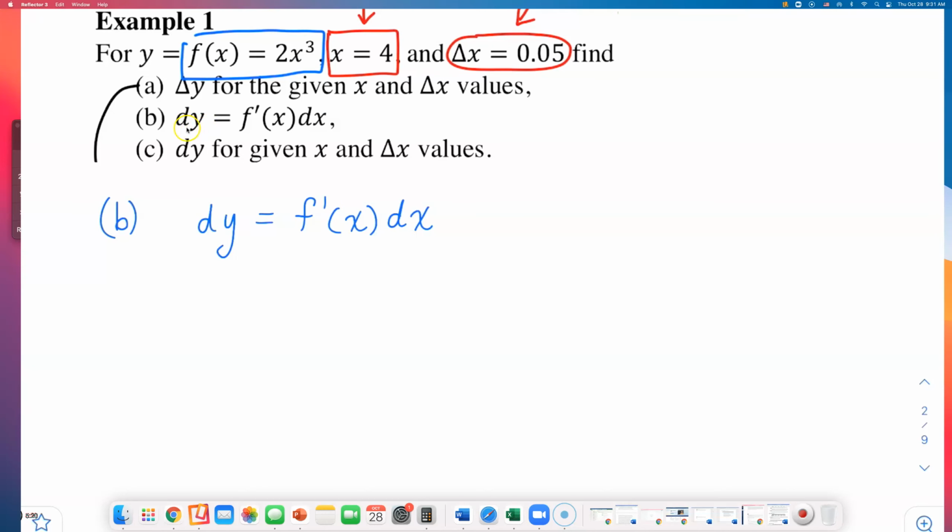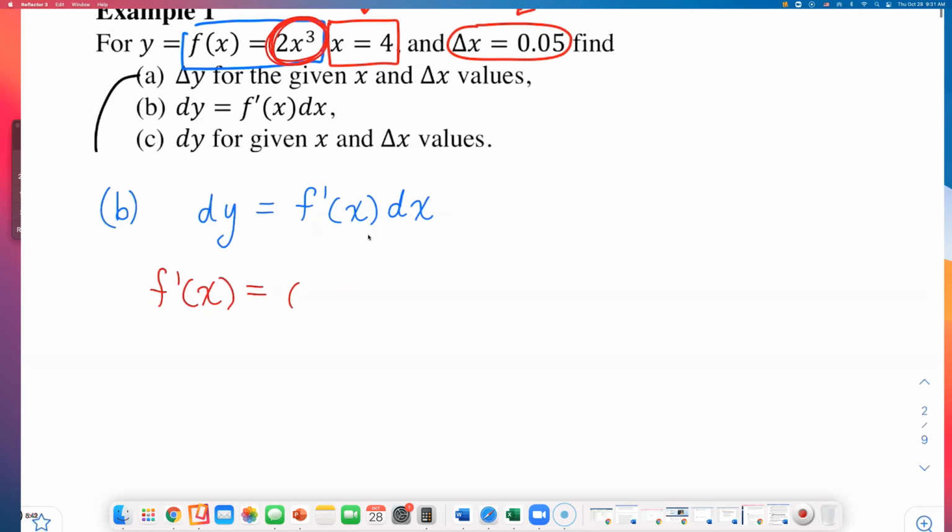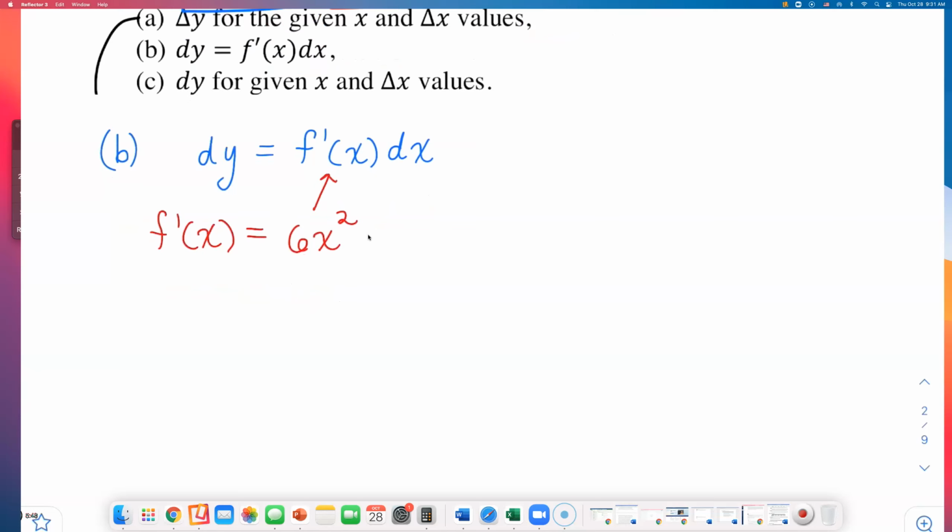And I think we're trying to keep it general here. We're not talking about that given x and delta x because we're going to be using that for part C, but we're just coming up with a general formula. So all I really need to do is find that f prime. What is f prime of x? Well, if f of x is 2x to the third power, f prime of x is 6x squared. So I can say that dy is equal to 6x squared times dx. So this will be the answer for part B.